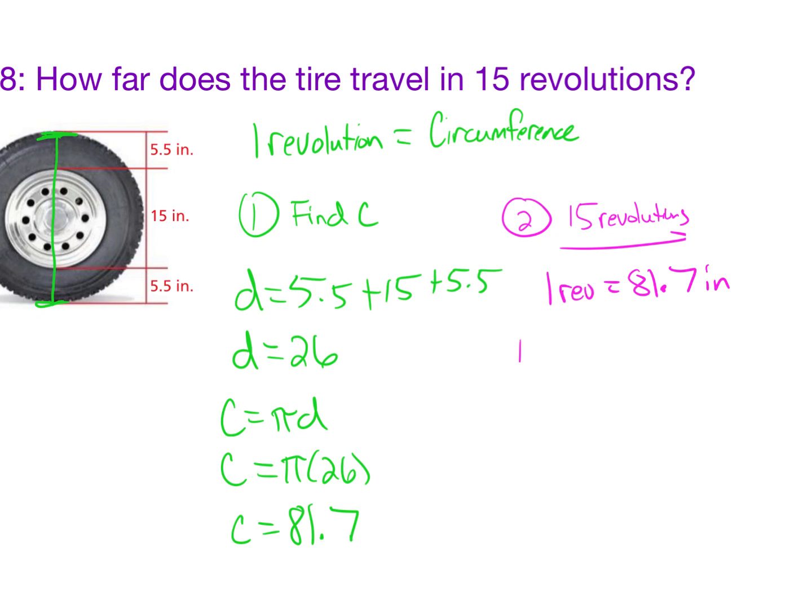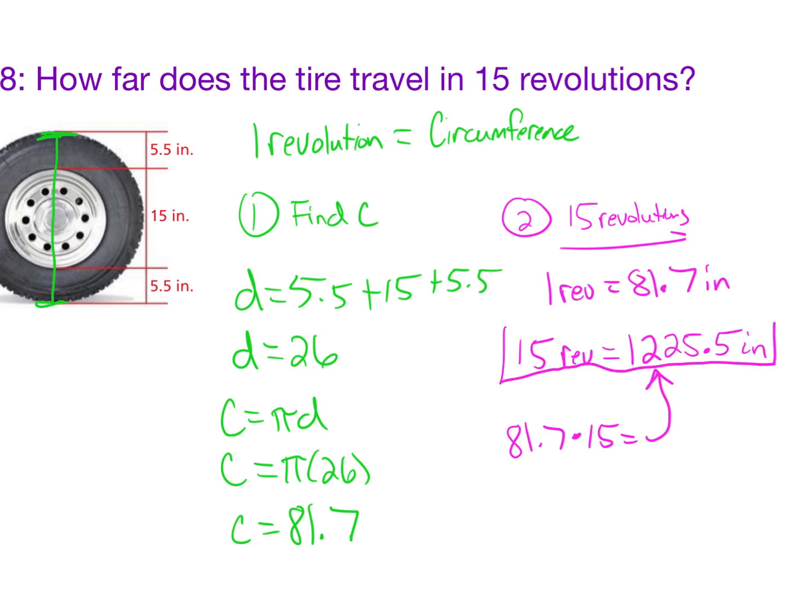So then for 15 revolutions, what am I going to do? Yeah, multiply it by 15. So I'm going to take that 81.7 times 15. 1,200 and what? 0.5 inches. So 15 revolutions is equal to 1225.5 inches.